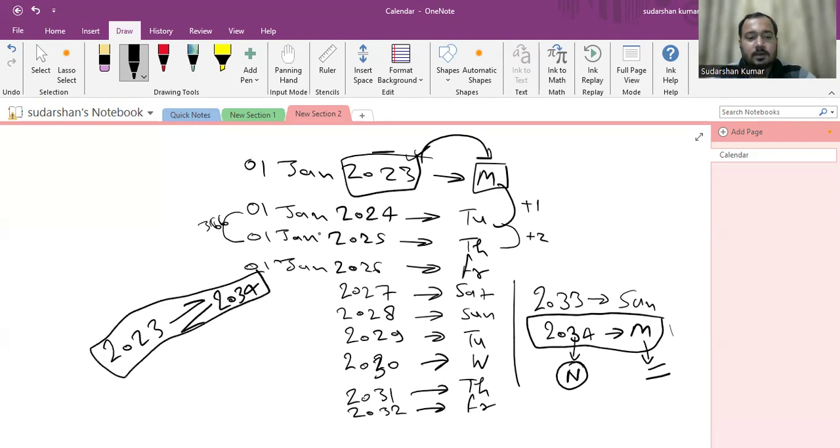So this is the analysis from these first days and from the number of years. This is a question that has been asked most of the times, and we can continue this process and we get the same calendar of any year.